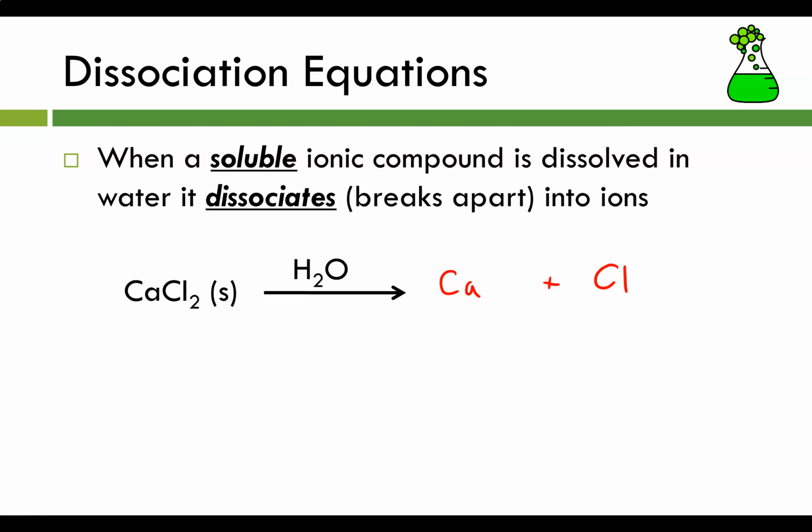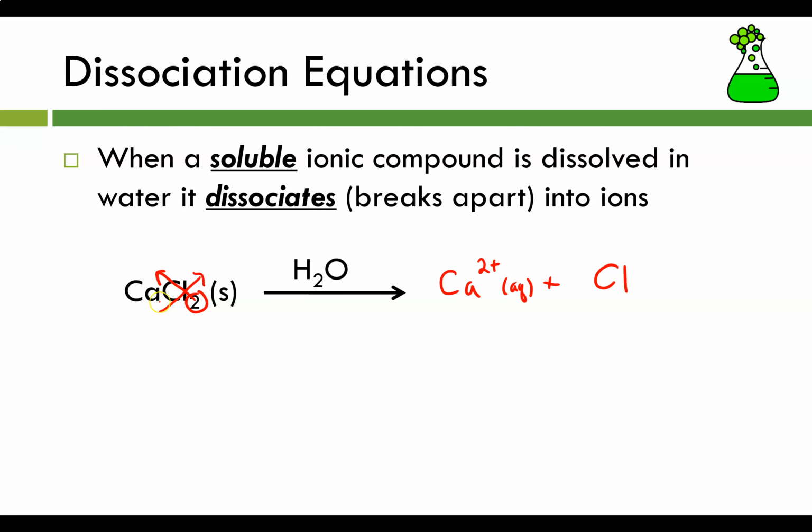You can use your reference table to help with this. You also know that the subscript of the anion is related to the charge of the cation and vice versa. So whether I use the reverse criss-cross method or I check the periodic table, I know that calcium is going to be a +2 charged ion, and it's going to be aqueous because it's now dissolved in water.